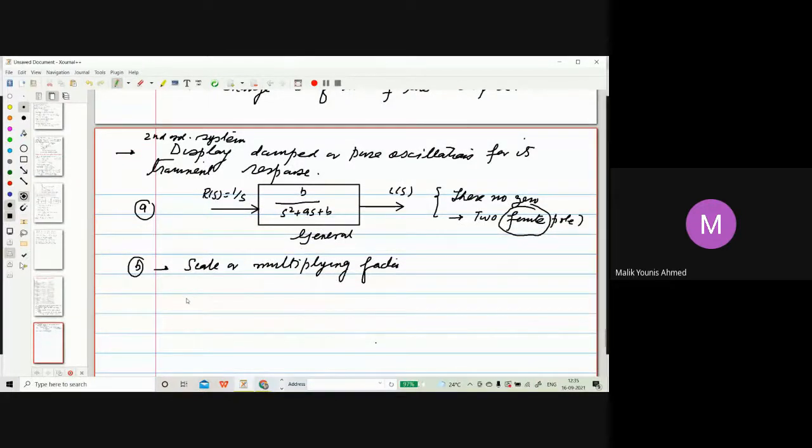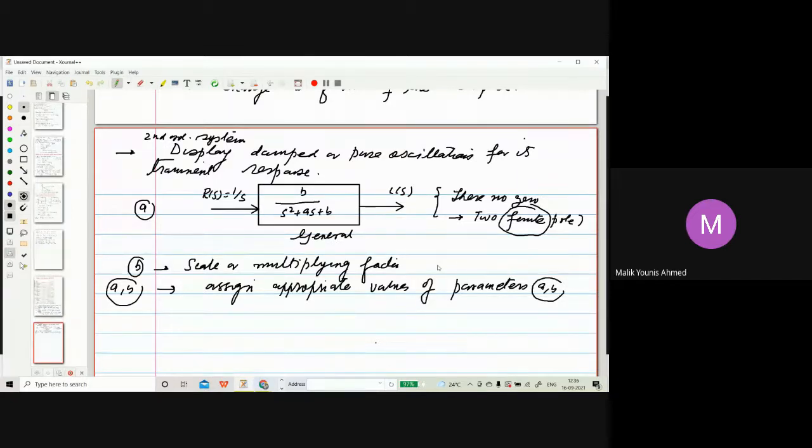We will assign appropriate values to a and b, the constants in the denominator. The values for parameters a and b should be appropriate, not approximate. Why?